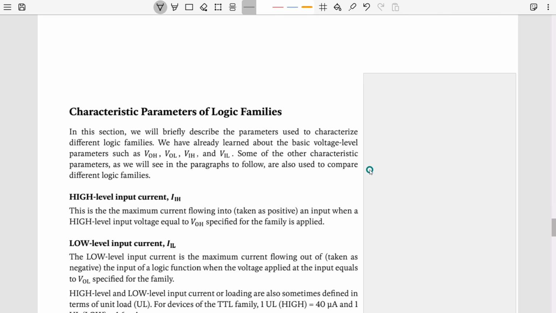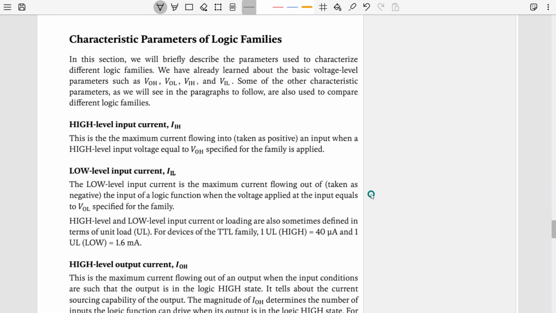So these are certain kinds of parameters, and to measure the quality of a particular device, we can look at those parameters. Like these 4, some other parameters are based on current.